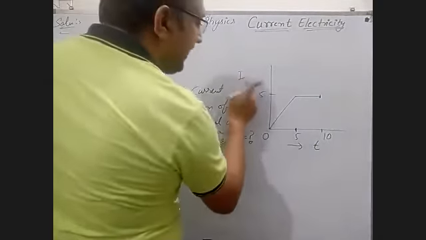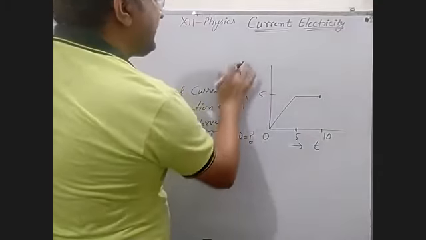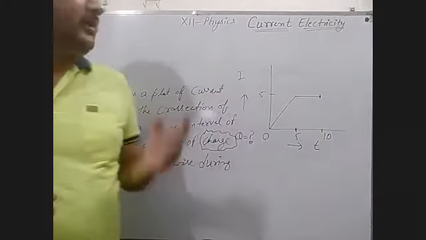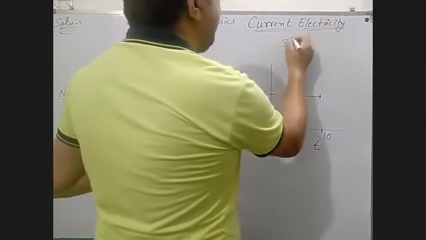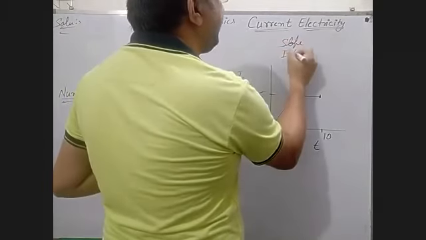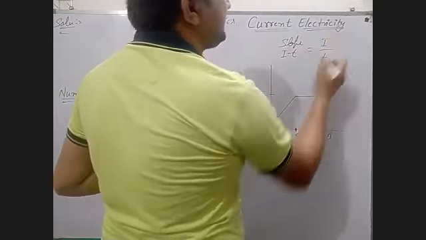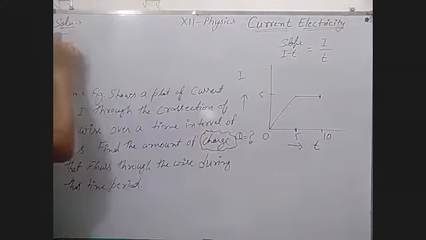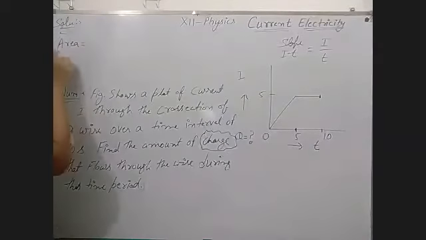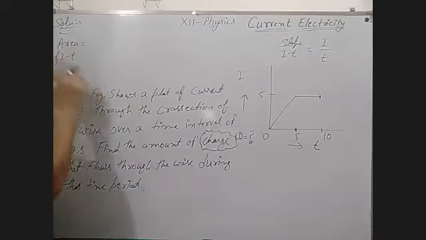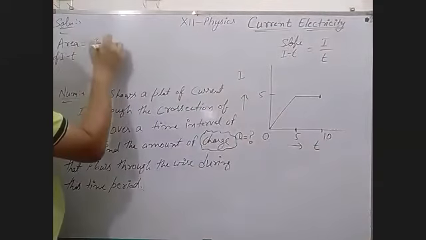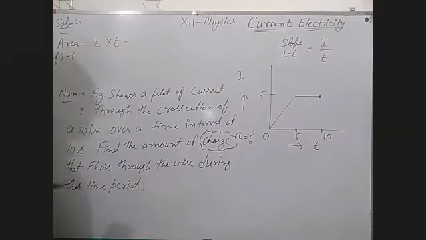Now, we can take two things in the graph. One is slope and the other is area. For slope, if we take the slope of the I-T graph, then I upon T is there. And if we calculate the area of the I-T graph, then both quantities will be multiplied, meaning I into T. And what is I into T?